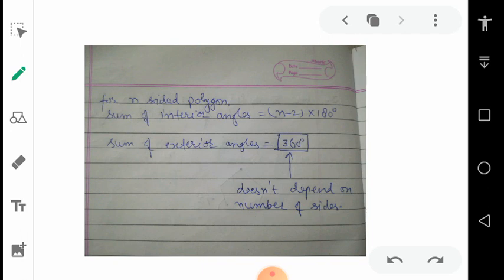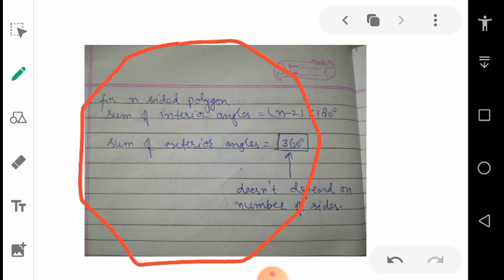So let's take a polygon of 10 sides. Okay, we try to draw it. 1, 2, 3, 4, 5, 6, 7, 8, 9, 10. Somehow we have drawn it almost perfectly. There are 10 sides. So if you extend any side, try to extend this horizontal line, there is an exterior angle, and this is also an exterior angle.